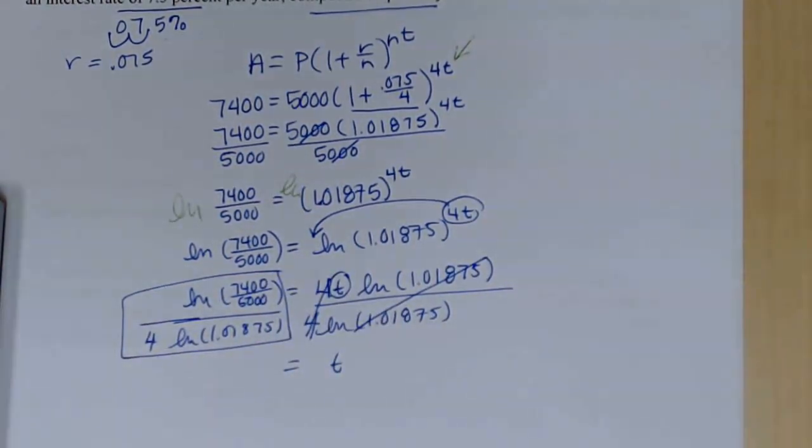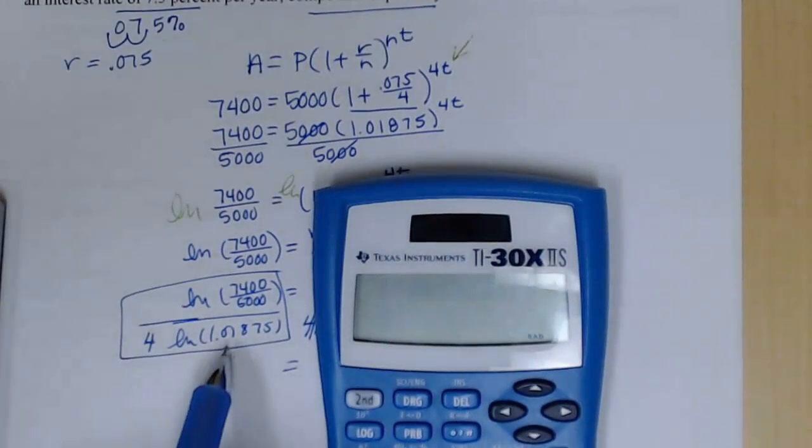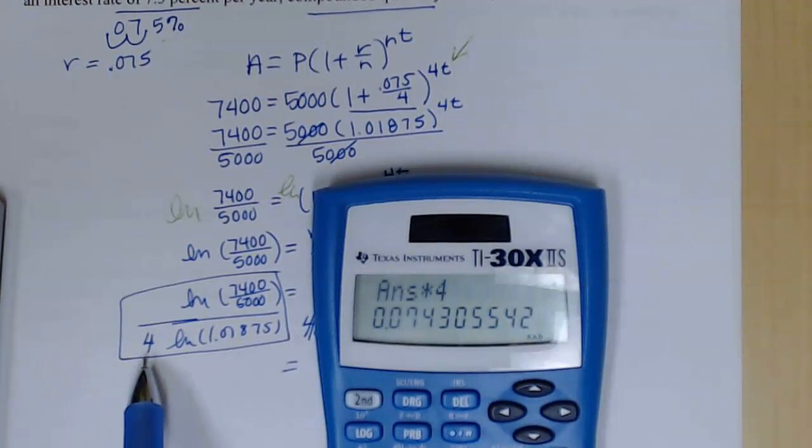Now when I go in my calculator and plug this in, I want you to go slow, use your parentheses, use your details to get this out. So let me do that with you. So first thing I'm going to do is work the bottom here. So I'm going to say ln 1.01875, enter, times 4, enter. So there's my denominator.